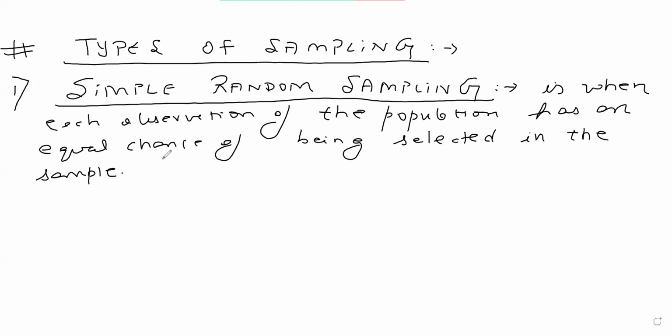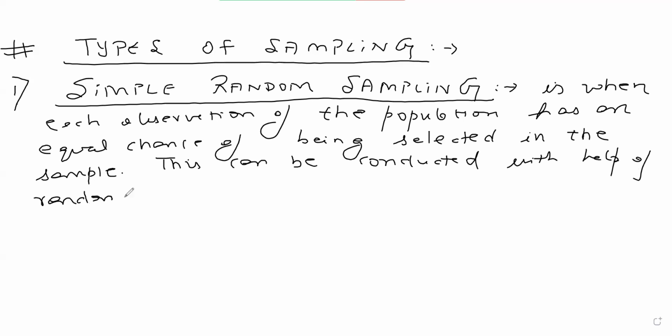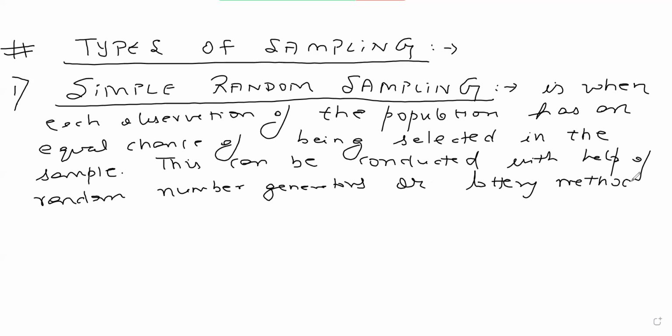This can be conducted with the help of the random number generator. These days we have Excel, where on Microsoft Excel you can have a random number generator, or the lottery method, where you can put the names of all candidates in a jar. You can mix them and you can randomly call out names.